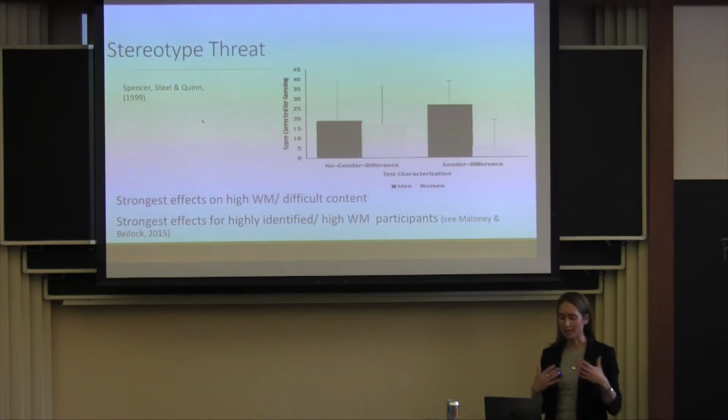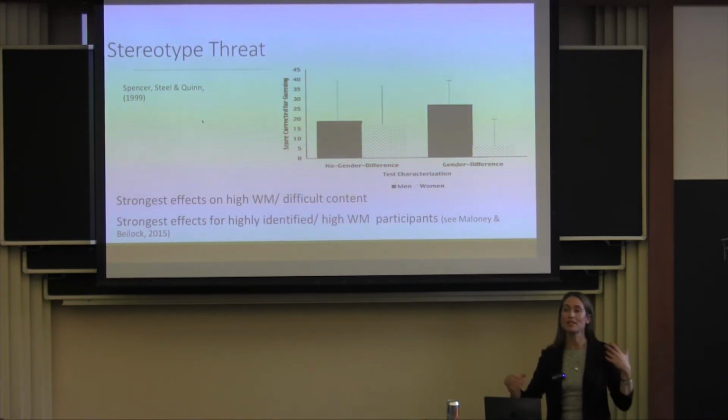This suggests that there may be something about the working memory load that gets imposed by these situational contexts. That's really the mechanism of why you see these stereotype effects.